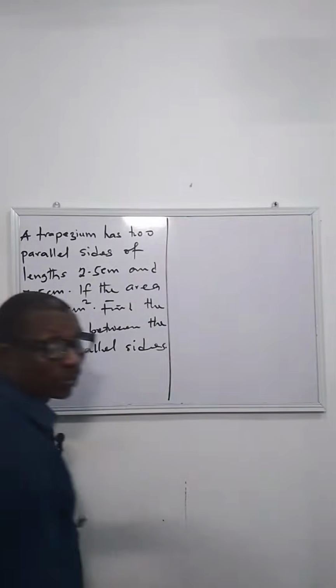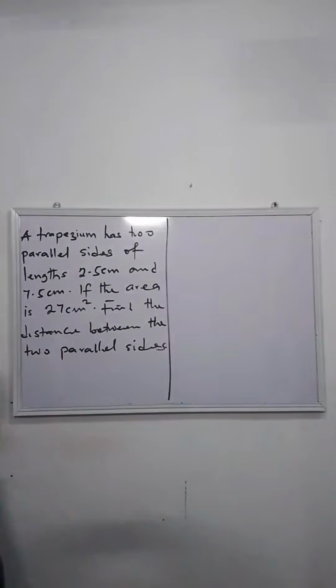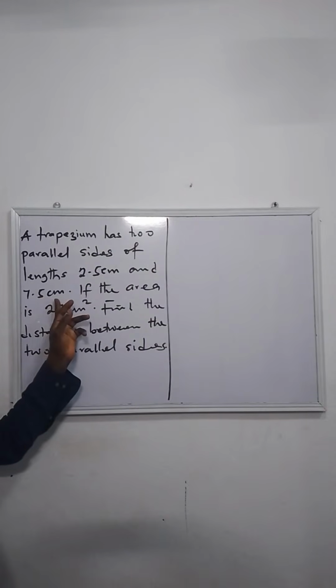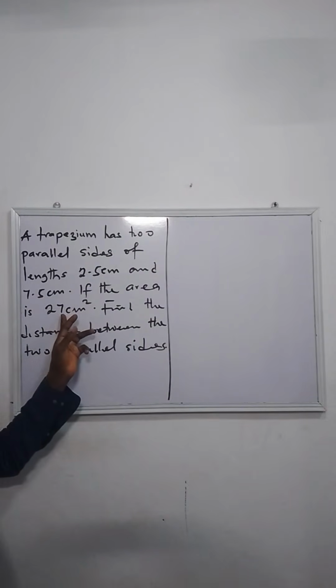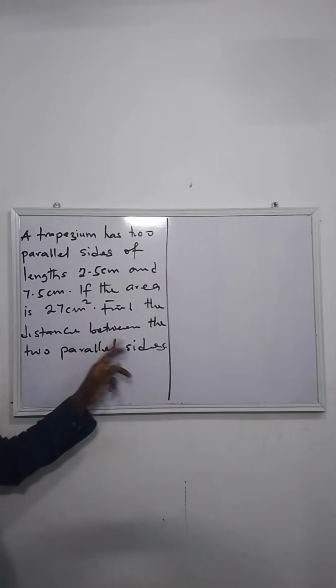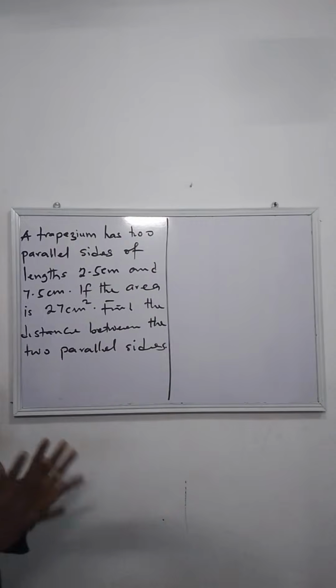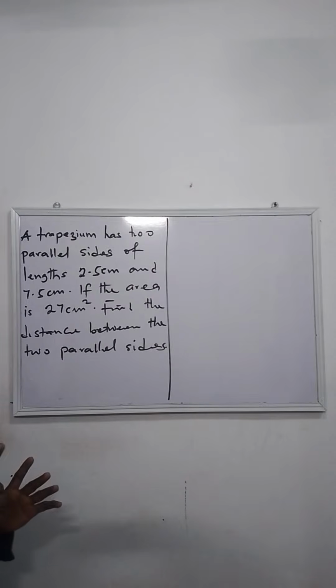So probably maybe some of you are still working on it. Now, a trapezium has 2 parallel sides of length 2.5 centimeter and 7.5 centimeter. If the area is 27 centimeters square, find the distance between the 2 parallel sides. So now we must know the properties of a trapezium. A trapezium must always have 2 parallel lines.